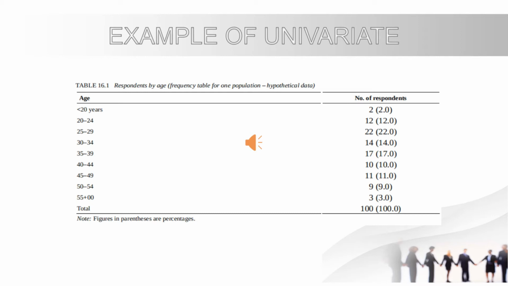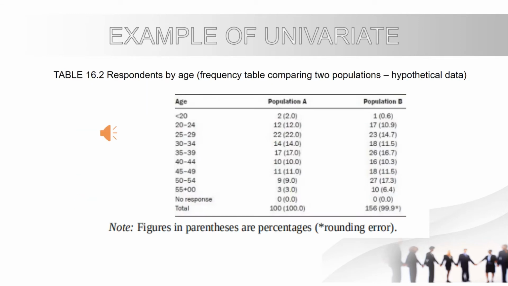And on the right side, the column is your number of respondents, which is your frequency table for one population. So this is an example of the univariate, or a display also known as your frequency table, containing information about one variable.